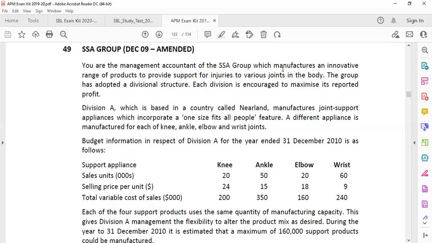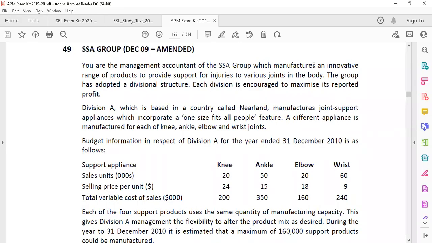Division A, which is based in a country called Netherlands, manufactures joint support appliances, which incorporate a one-size-fits-all feature. A different appliance is manufactured for each of knee, ankle, elbow, and wrist joints.